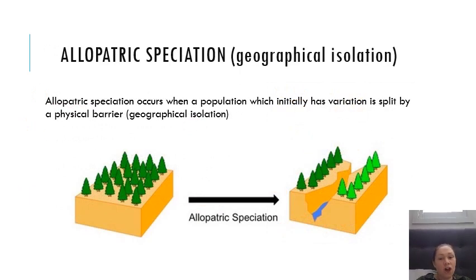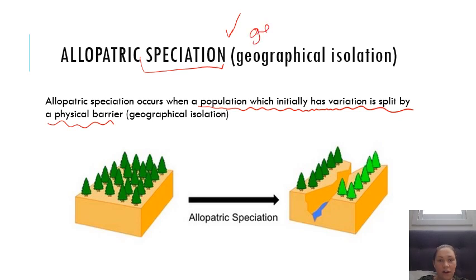There's a couple of different types of speciation. There's allopatric speciation, and this occurs when a population which initially has variation is split by a physical barrier. So allopatric speciation is speciation that occurs due to geographical isolation.